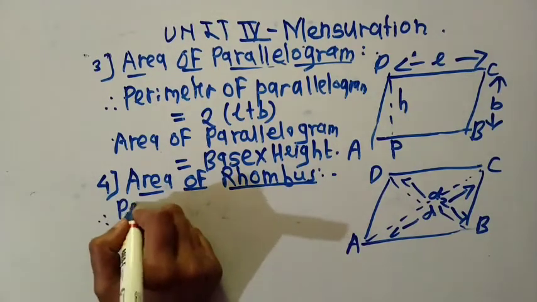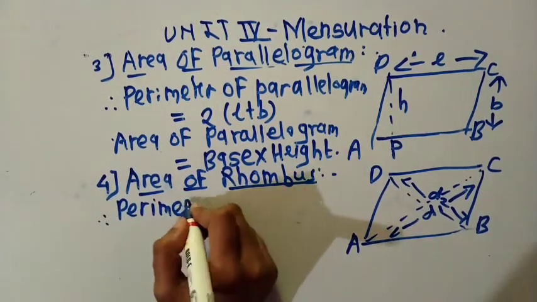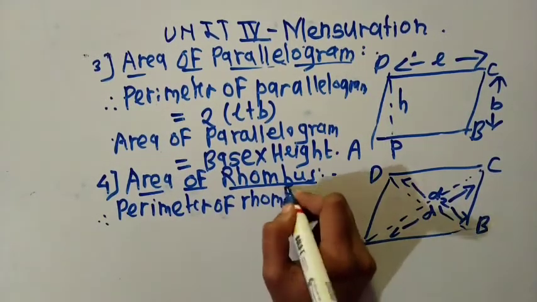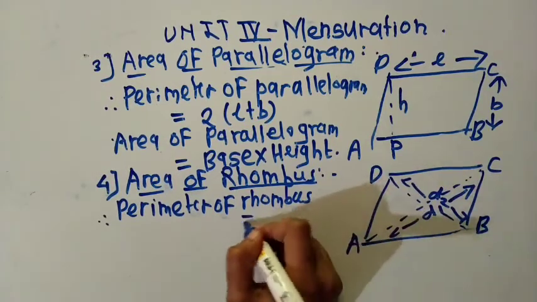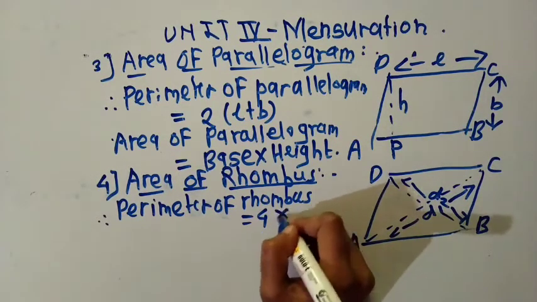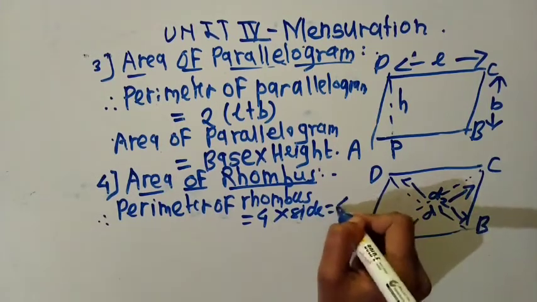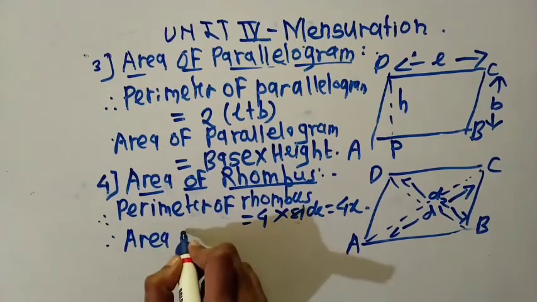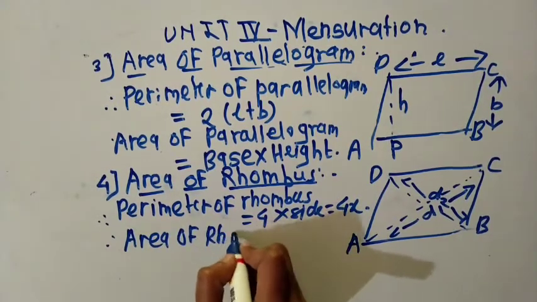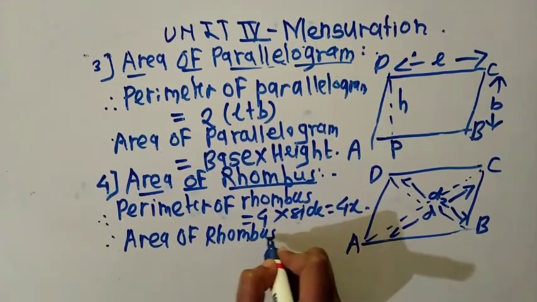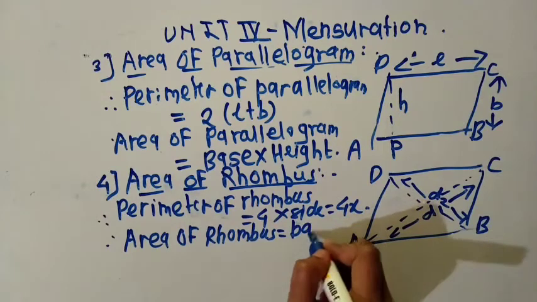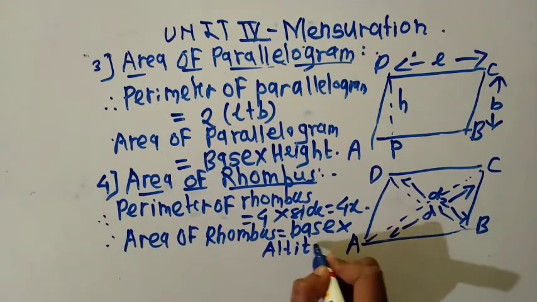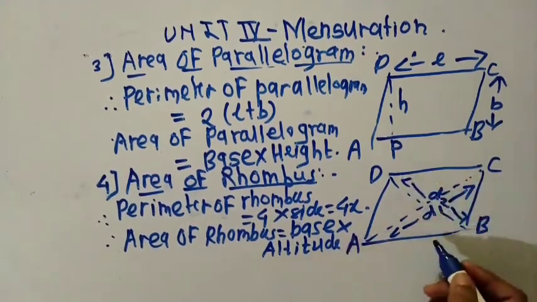Hence, perimeter of rhombus is equal to 4 into side, is equal to 4x, and area of rhombus is equal to base into altitude. Altitude means height.